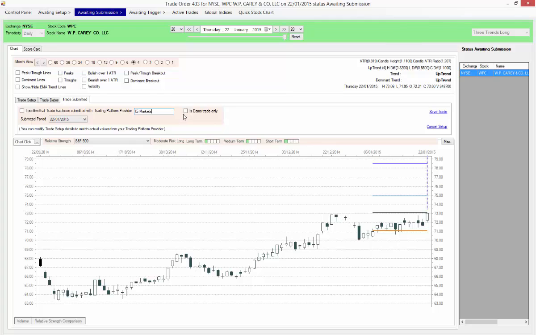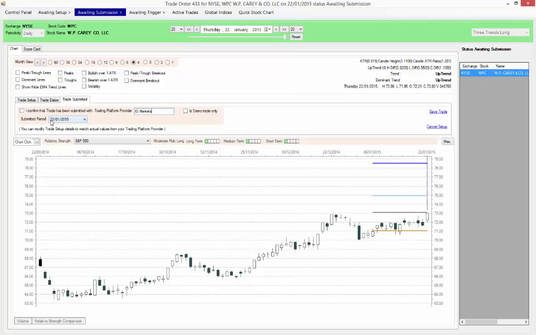I also have the option of saying, well, no, it's just a demonstration trade only. I'm paper trading. I'm using this application as a way of becoming comfortable with how it does its strategies. So I'm going to make it just a demo trade. So I tick that box there.